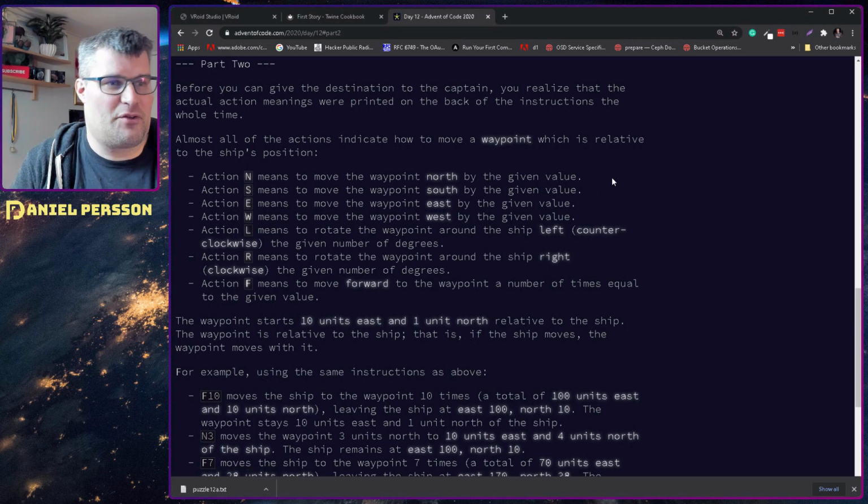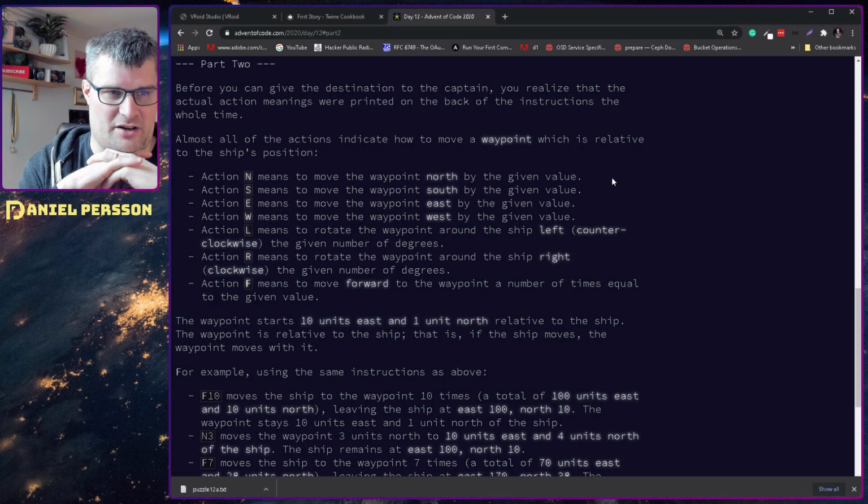So next up, before you can give the destination to the captain, you realize that the actual action meanings were printed on the back of the instructions the whole time. Almost all of the actions indicate to move a waypoint which is relative to the ship's position.